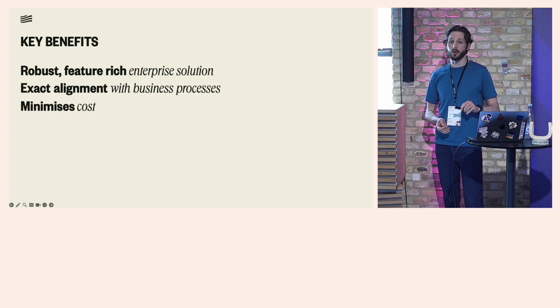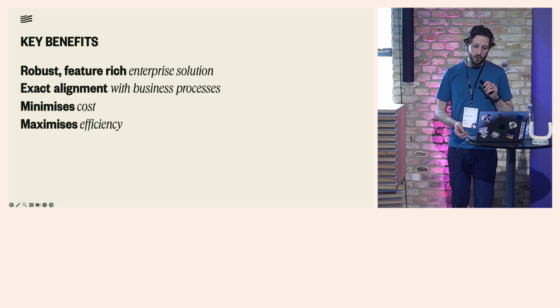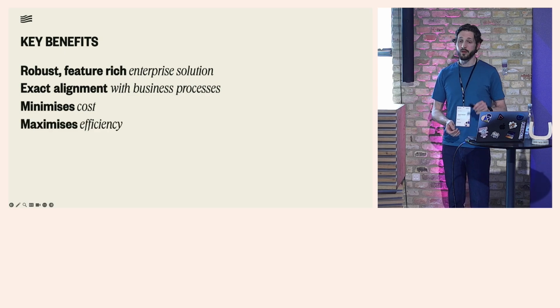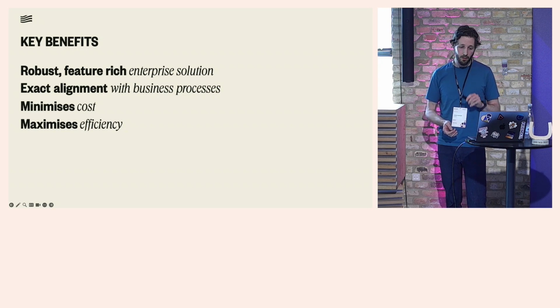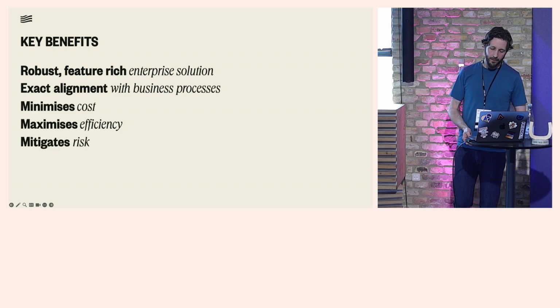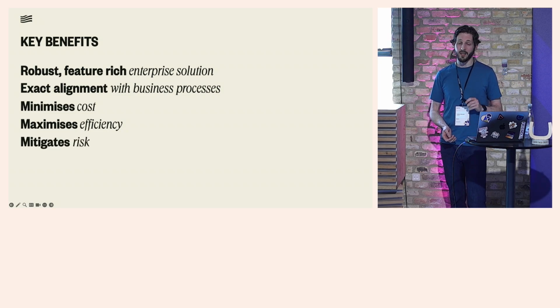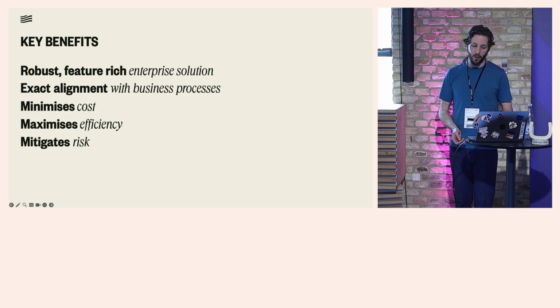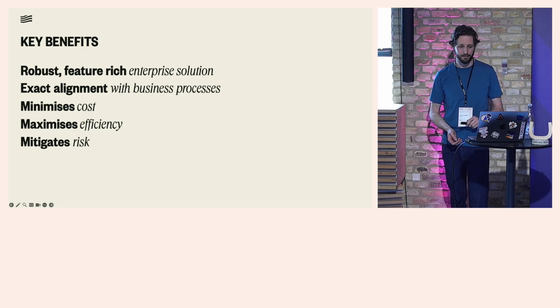You minimize cost through using an open source CMS platform. You maximize your efficiency, both of the development team working on getting a rapid time to market for your solution, and also of your customers, making it easy for them to carry out common data manipulation tasks and freeing up their valuable time to do the things that matter most. And it reduces and mitigates risk by providing a simple way of accelerating and updating your digital transformation within the enterprise.